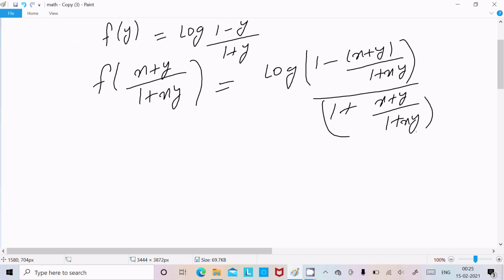Hereafter we need to take the LCM. So here 1 + xy is the LCM.